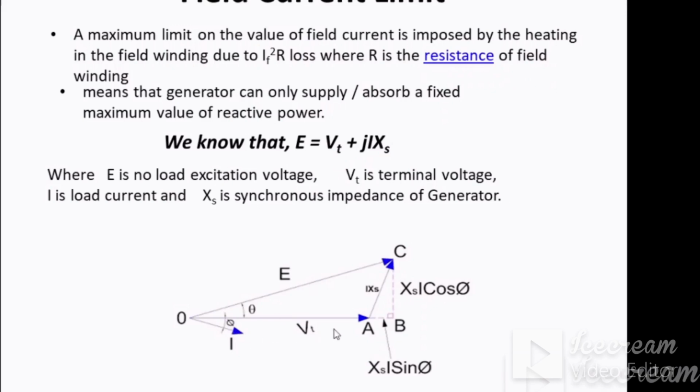On the x-axis we have taken the terminal voltage, and your induced no load EMF is leading Vt by angle theta. Theta is the angle between the induced and the terminal voltage. The current I is lagging by an angle of phi, and here the vertical distance between E and Vt is given by Xs I cos phi, and the horizontal is Xs I sin phi. Now what is this?